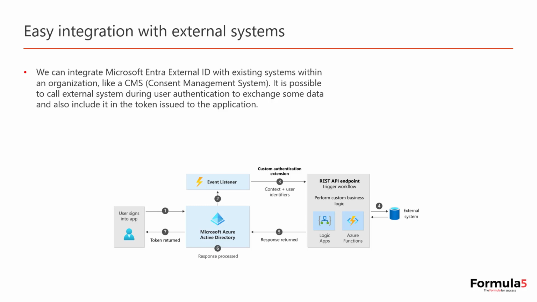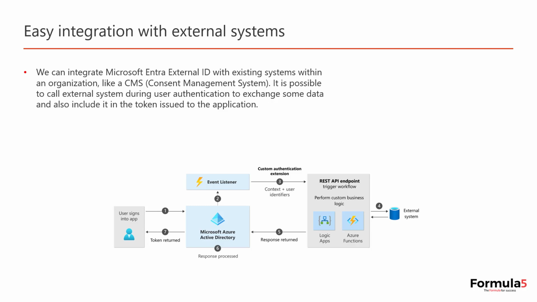Let's start with easy integration with external systems. We can integrate Microsoft Entra External ID with existing systems within an organization, like CMS. It's also possible to call an external system during user authentication to exchange some data and include it in the token issued to the application. So it's very important.